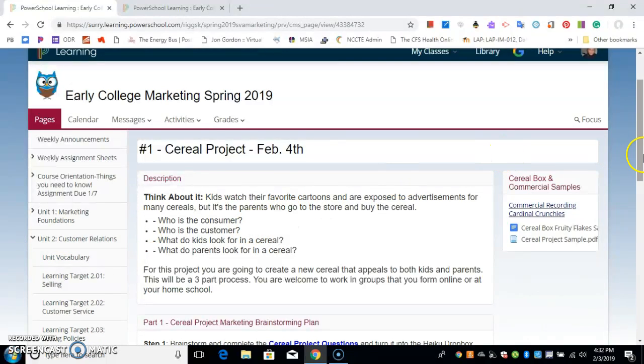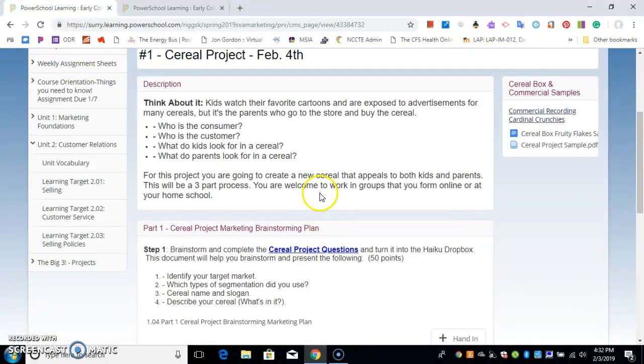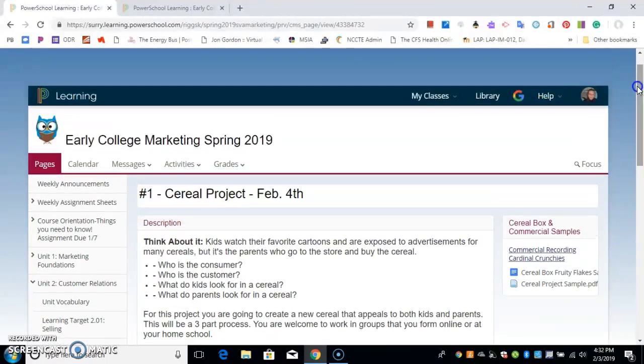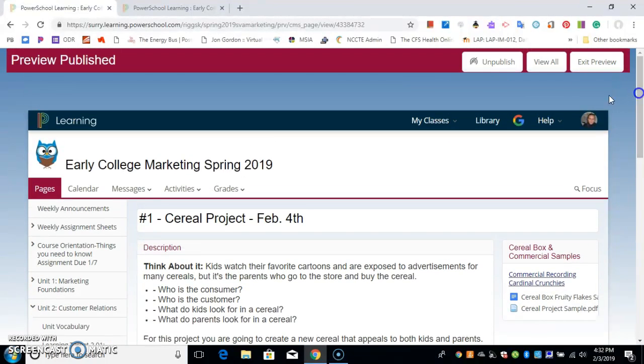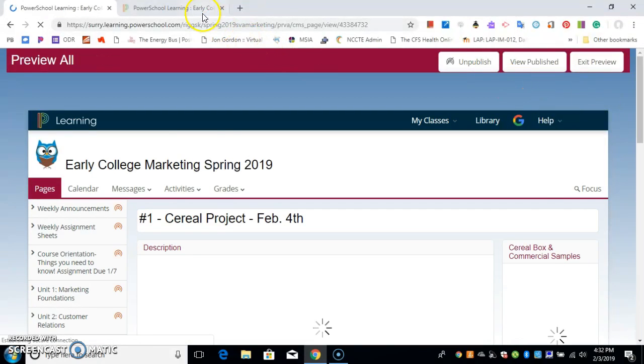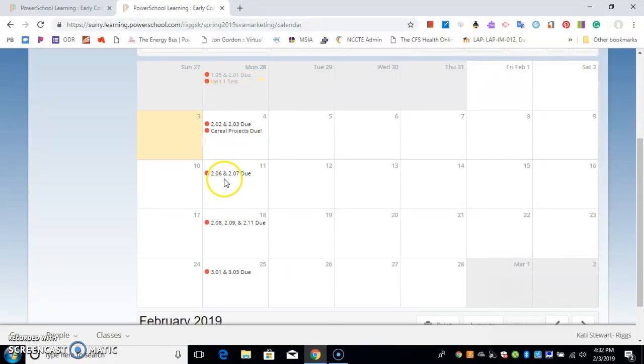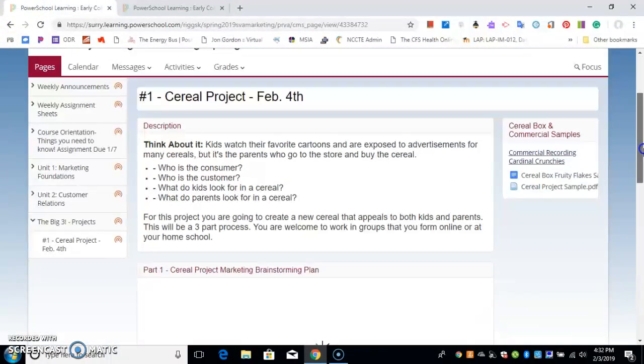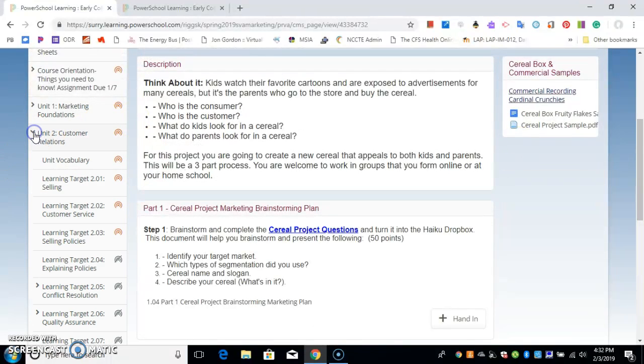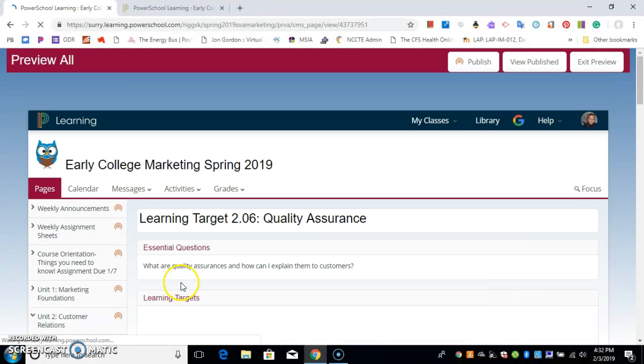So this week we are going to move on. For week 6, 2.06 and 2.07 is due. Notice we skipped 2.04 and 2.05.